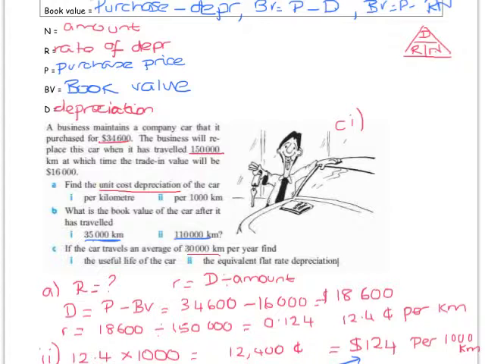So here we know it travels 30,000 kilometres per year. We've got to trade it in once it's travelled 150,000. So its useful life is how long it takes to do 150,000, which is 150,000 divided by 30,000, which is 5 years. So a nice simple calculation.